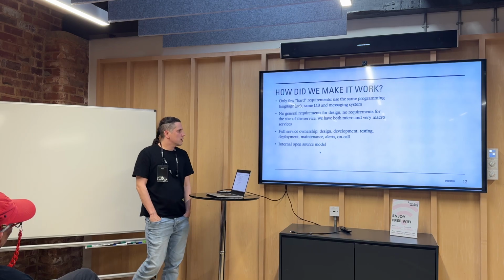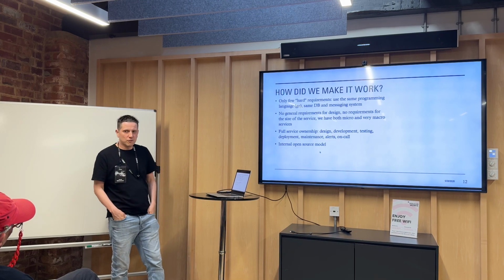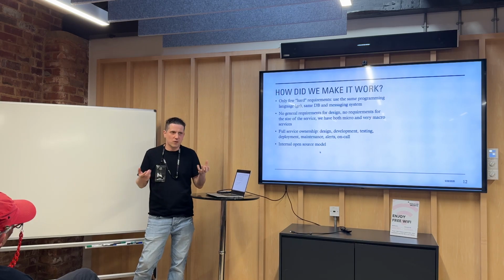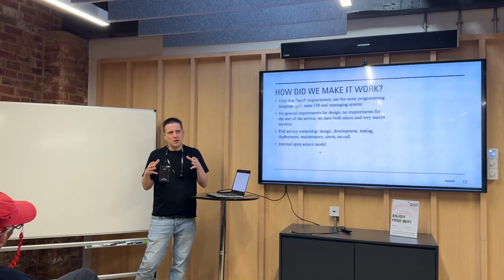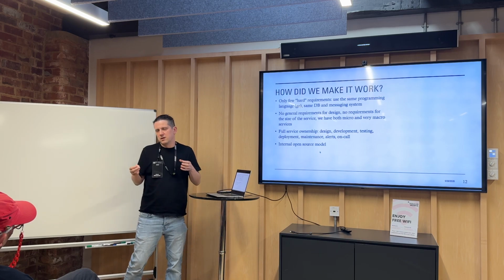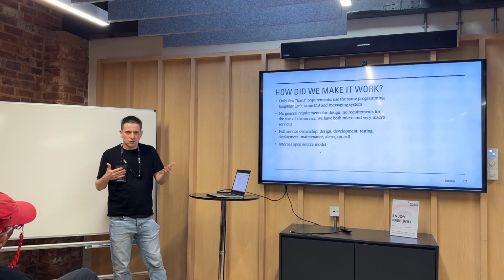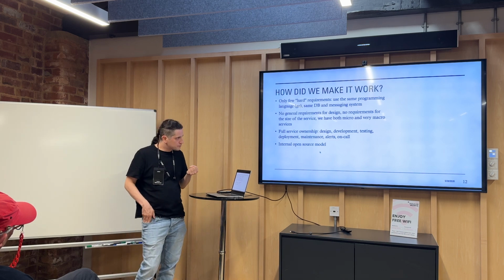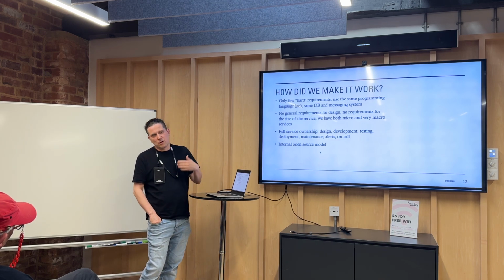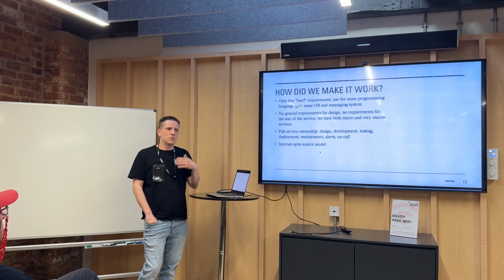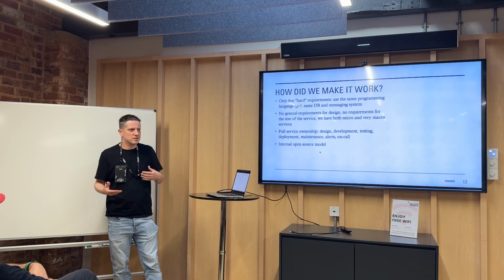And the last thing is the internal open source model. Very often in microservice architecture, you have a feature that would span a couple of services. Sometimes those services belong to different teams. So this can be very painful, right? Because you ask another team to do something, they put it on the backlog, but they have their own deadlines.